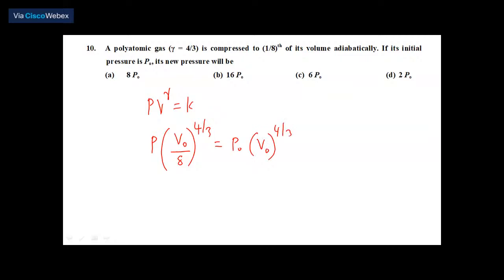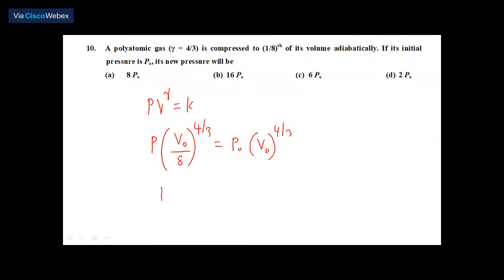It's like the earlier equation, P1 V1 to the power gamma is equal to P2 V2 to the power gamma, equal to constant. Here P2 is P, V2 is V0 by 8, P1 is P0, V1 is V0, because the initial pressure is expressed as P0 and volume as V0. So all we have to find out is P here.